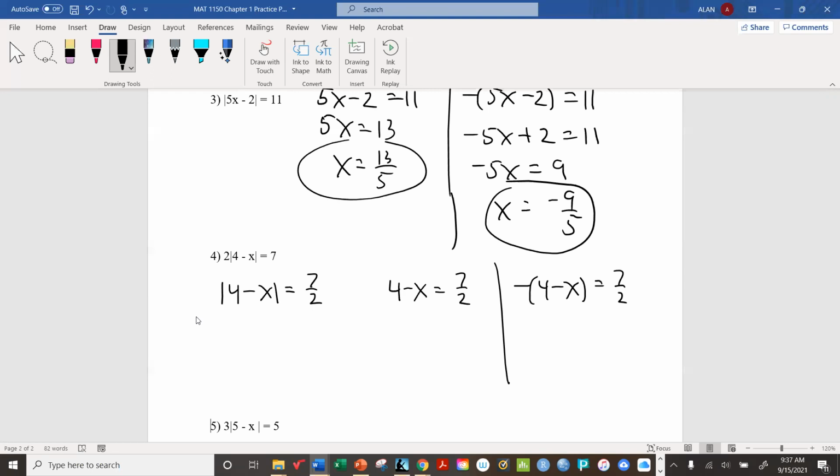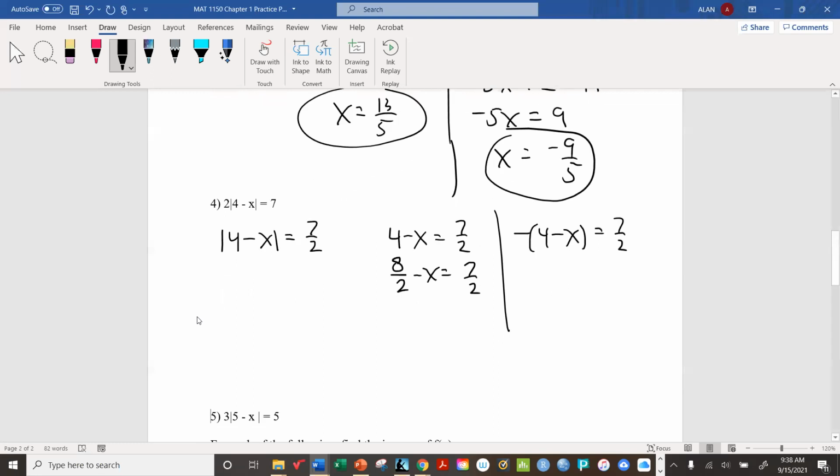Now this one, we have a problem. We've got 7/2. What I'd like to do is turn this into 8/2, which of course is the same thing as 4. And that'll make it easier for me to do what I have to do, which is subtract 7/2 from both sides.